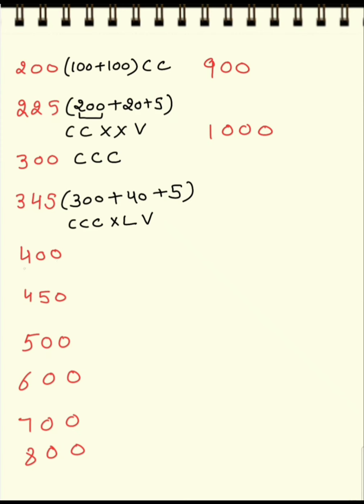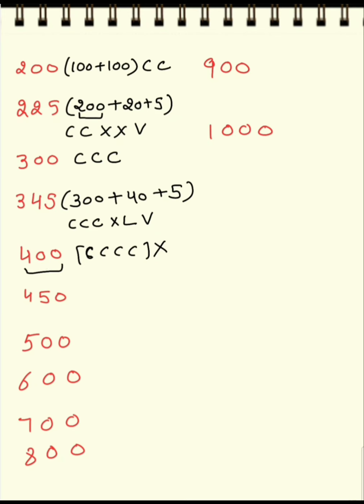And how to write 400? We can't write like this, correct? Because according to the rule we can't repeat a symbol more than 3 times. So how to write this 400? For that, first I will write the symbol for 500.